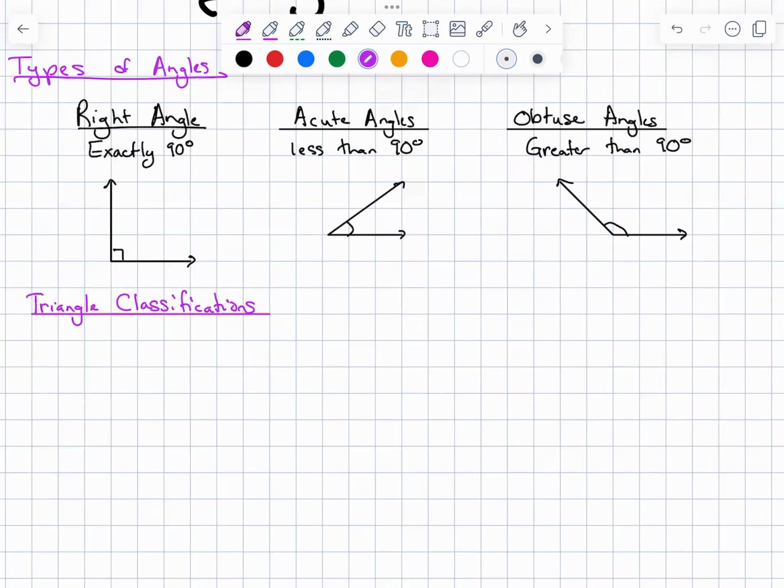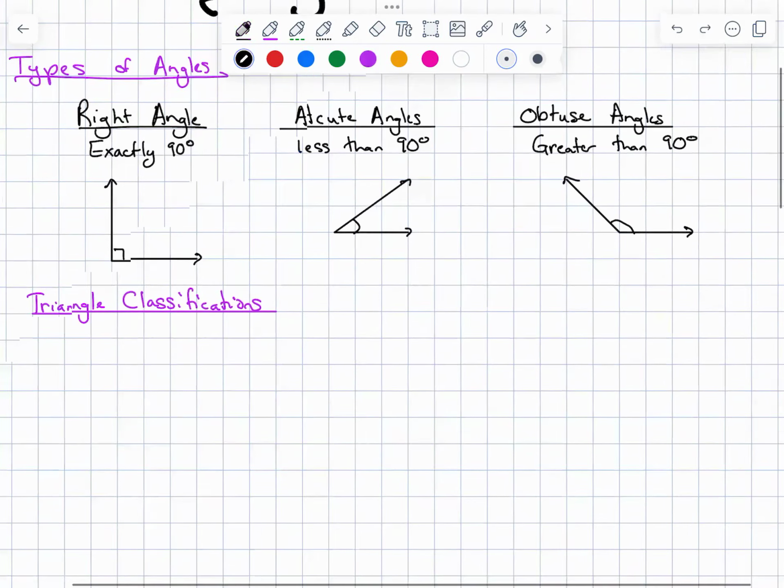There are two subsets here. There are angle classifications, and then there's going to be side length classifications. So, angle classifications.